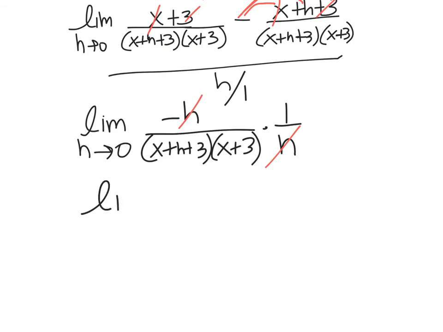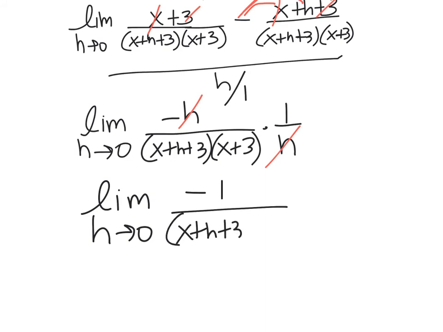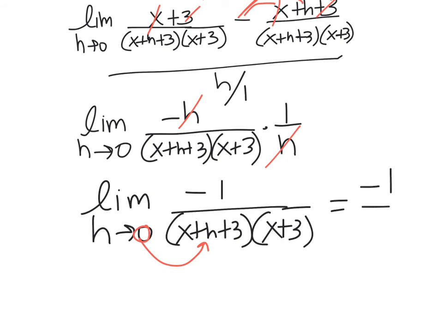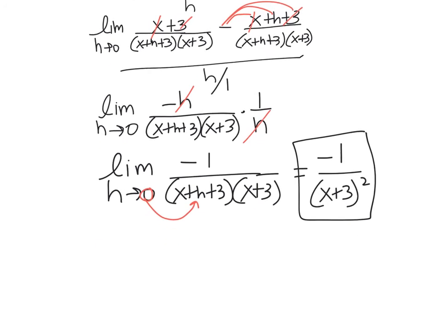You're now going to take the limit as h goes to 0 of negative 1 over x plus h plus 3 times x plus 3. This is where people stop. You need to now evaluate the limit by plugging 0 in for any h's that you see. And the derivative of 1 over x plus 3 is negative 1 over x plus 3 squared. Sweet. Whew, so good.